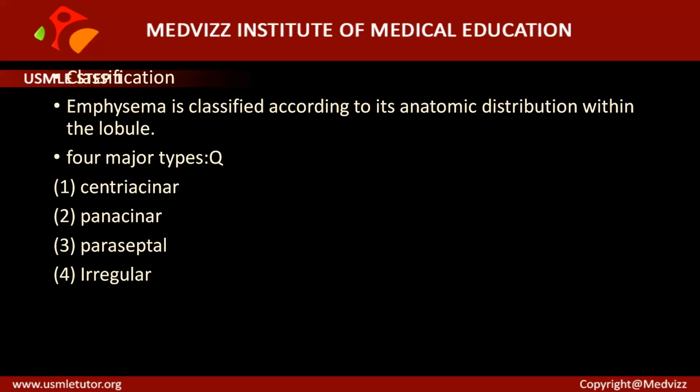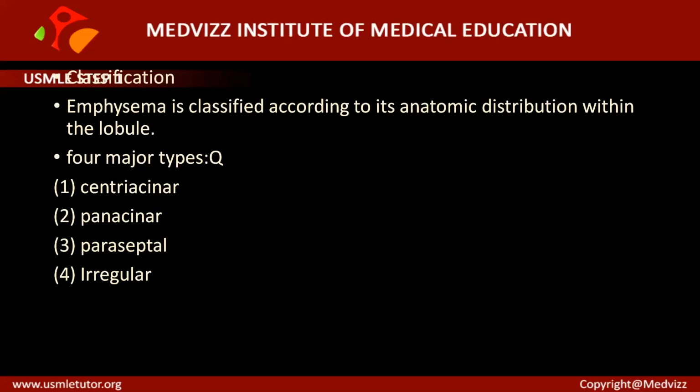Irregular is also important, because they'll ask you which emphysema is clinically insignificant. Irregular should be your answer. And remember that irregular is the most common histological type.